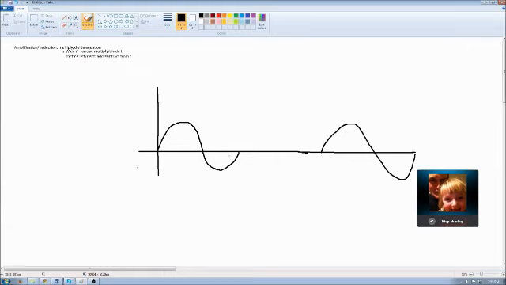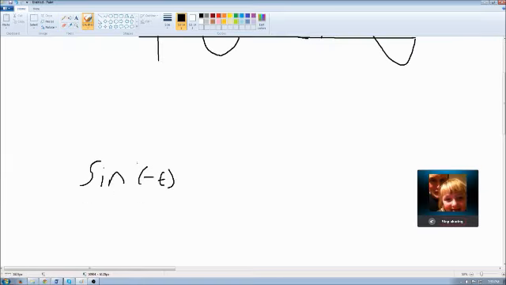So, what could this equation possibly look like? Basically, we're going to be actually multiplying, not adding, sine and u of t equations.